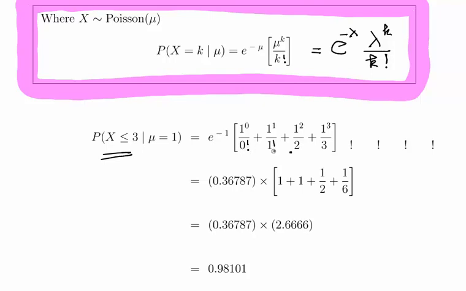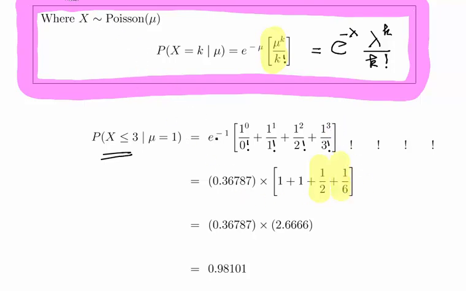Because e to the minus 1 is common in each case, we'll just focus on this bit for each of the 4 cases. 1 to the power of 0 over 0 factorial is 1. 1 to the power of 1 over 1 is also 1. 1 squared over 2 factorial is 1 over 2. And 1 to the power of 3 over 3 factorial is 1 over 6.